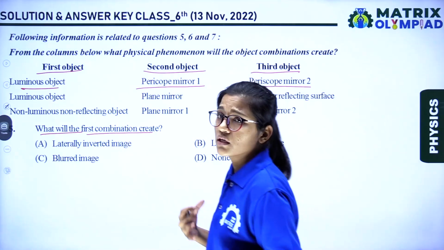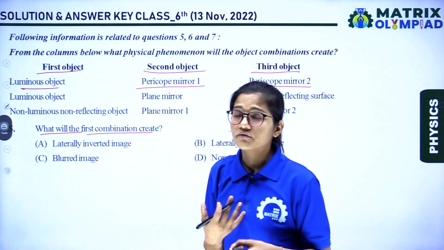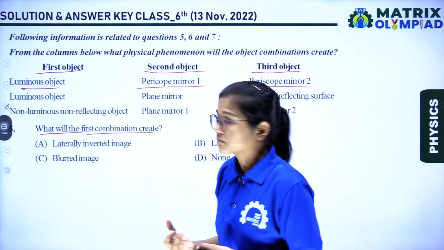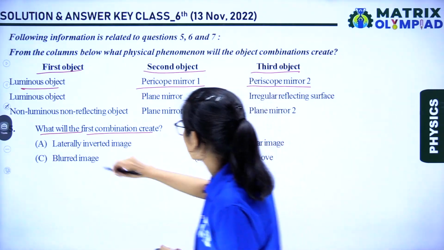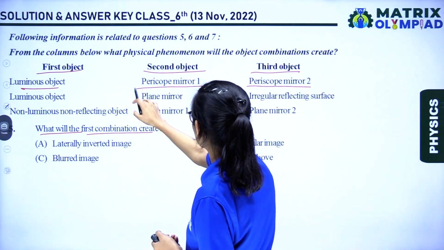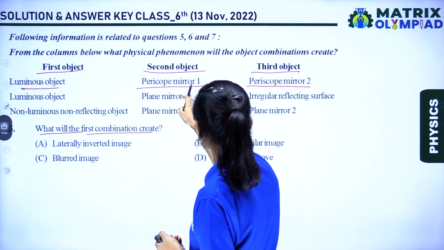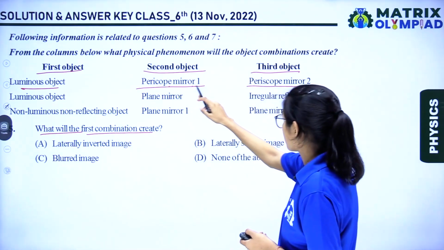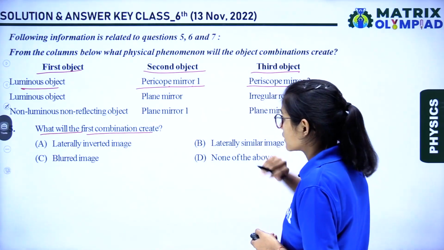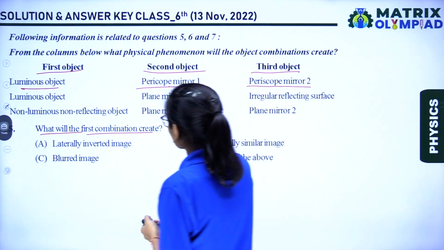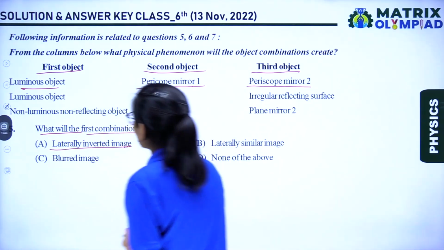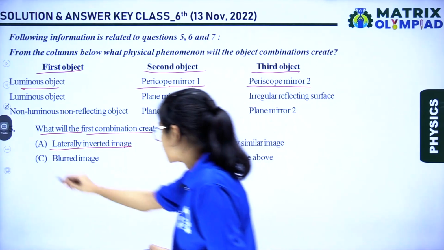We know reflection by a plane mirror forms an inverted image. So if a luminous object reflects light on the periscope mirror first, it gets reflected and then goes to the second mirror, and for this mirror it will be the incident ray, and in the end the image formed by the periscope mirror will be an inverted image. So for the fifth question, our answer will be option A.